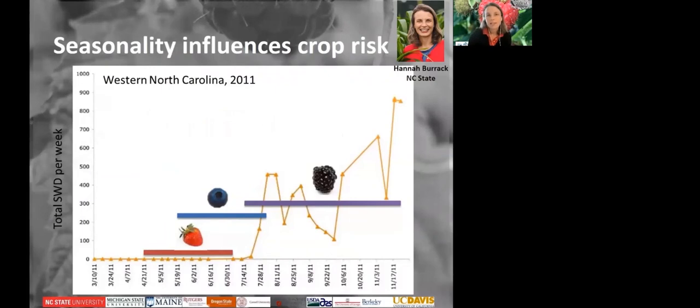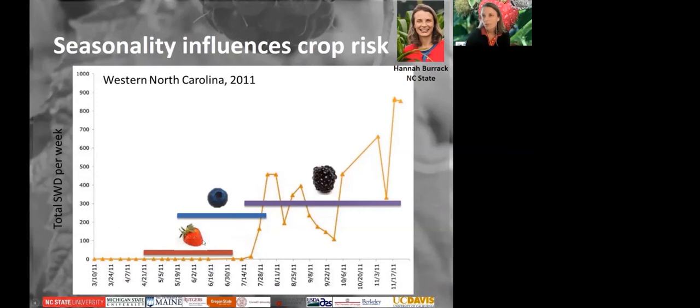We also know that seasonality has a significant role in crop risk. And this is just an illustration that I use based on work that we've done trapping in North Carolina and then overlaying the crop harvest periods on top of some generalized trapping data. While we can catch flies during the entire year here in North Carolina, our populations remain pretty low until midsummer.